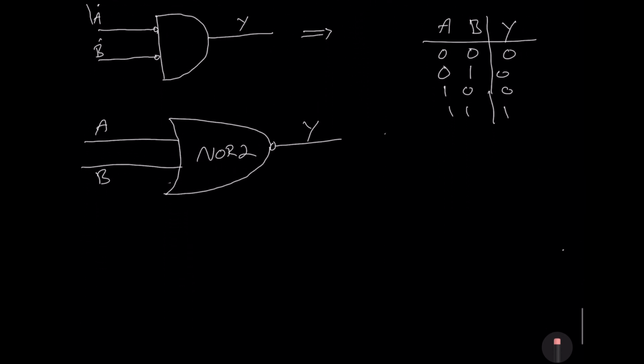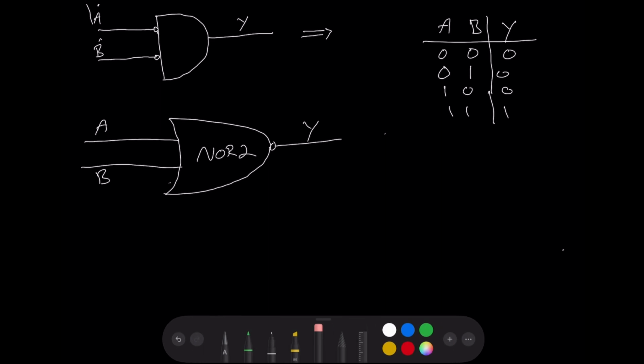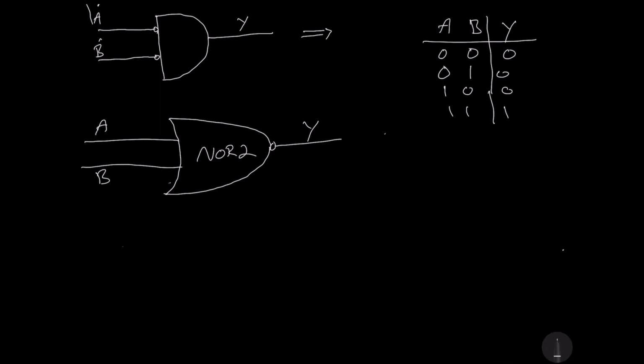Okay, let's try to do some math here. So this logic gate was A not, since it's already an AND structure, and B not is equal to Y. If we study De Morgan's theorem, we have a condition that if we have A not, B not, you can write it down as A not, B not, with a whole bar over it, or together it's not.